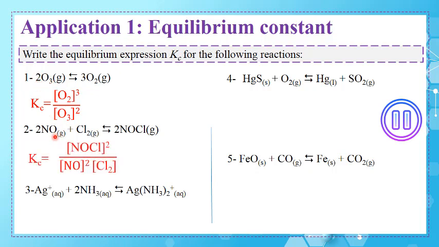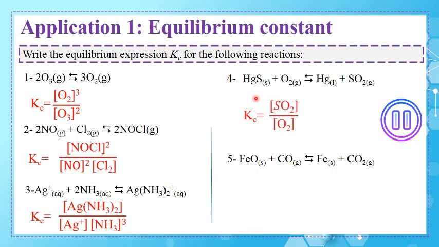Here also, there is an equilibrium that is homogeneous, gaseous, so all of them will be considered here, respecting definitely their stoichiometric coefficient. Here also it's homogeneous because all species are in the same phase, which is aqueous, and pay attention to the 3 here, sorry, it must be 2.